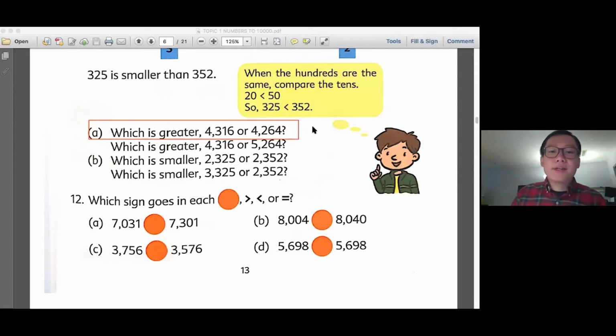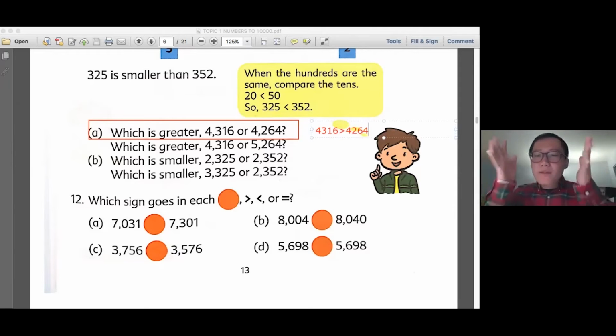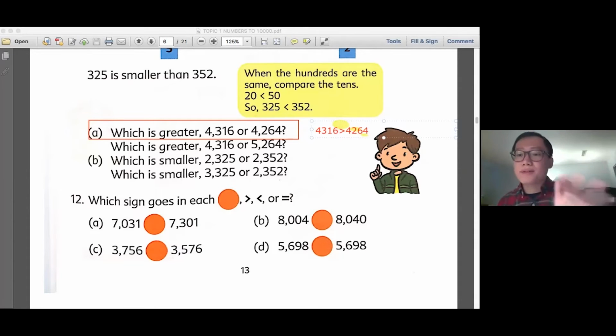Very good. 4,316 is bigger than 4,264 because the thousands place is the same, so we compare the hundreds place. 300 is bigger than 200, so the first number is bigger than the second number. Very good.